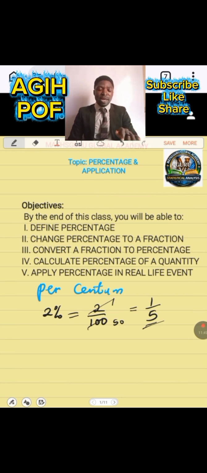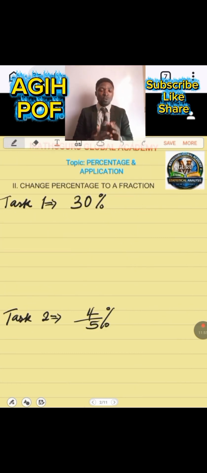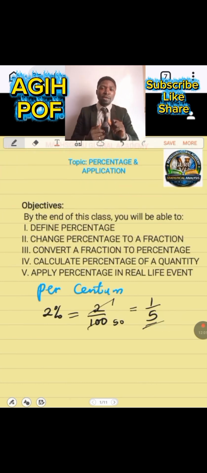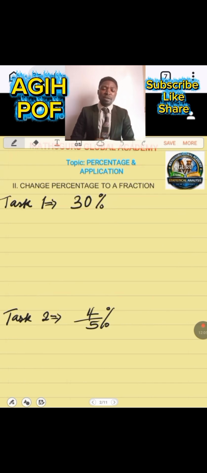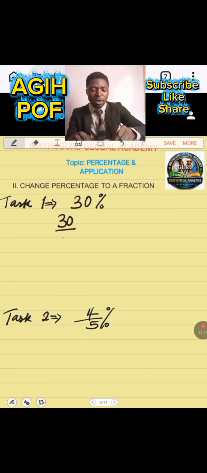All right, let's go to conversion. How do we change percentage to a fraction? It's very simple. Just like I've done here, it's the same procedure. If we are to change 30% to a fraction, 30% simply means 30 over 100.